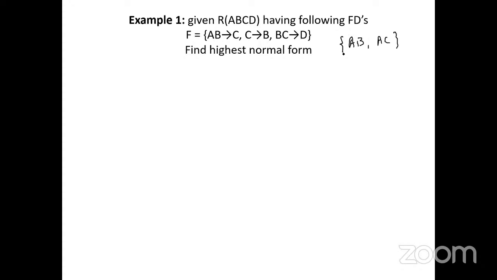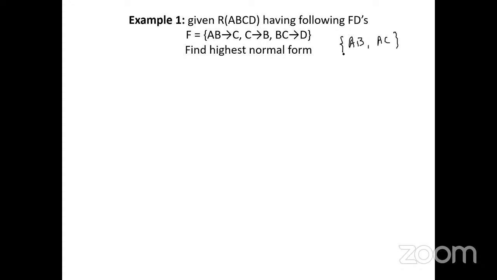If AB and AC are the key attributes for this relation, then of course the prime attributes are A, B, and C. There are 2 keys, AB and AC, but there are 3 prime attributes: A, B, and C.